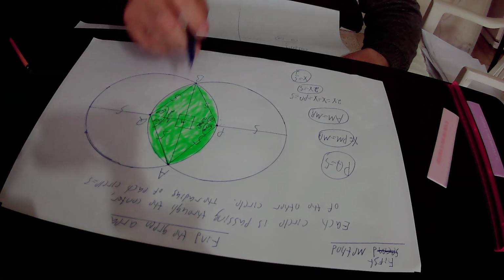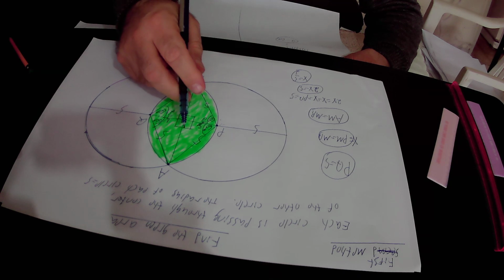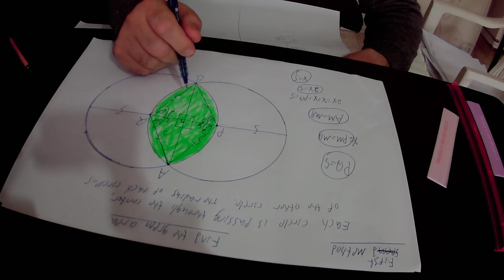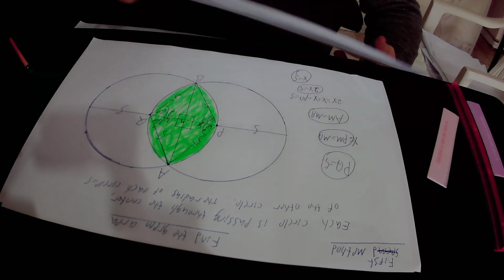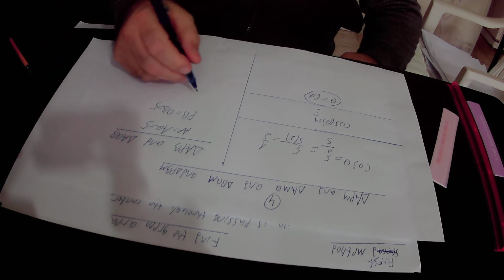And AB equals itself. It is a common side that belongs to both triangles.